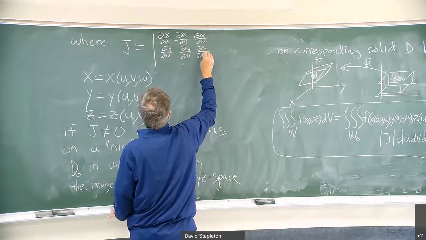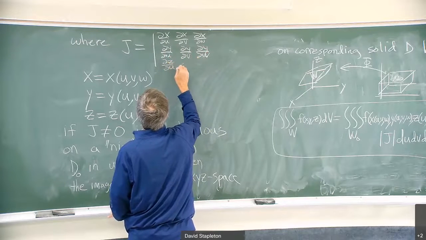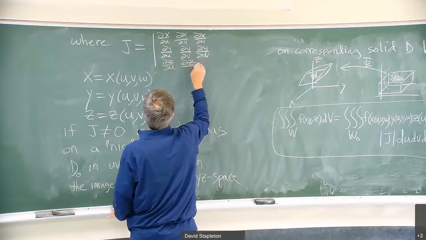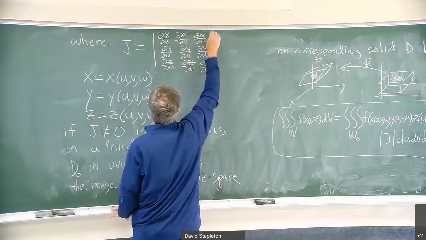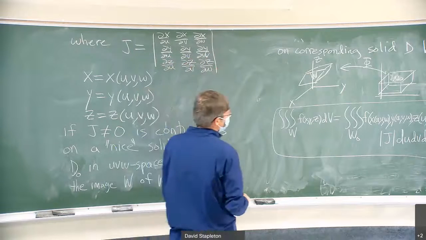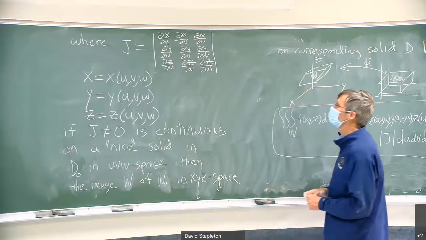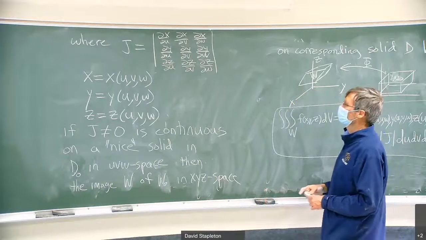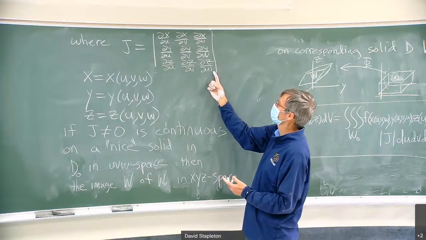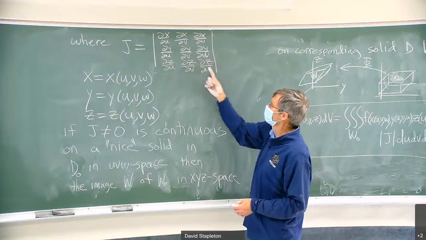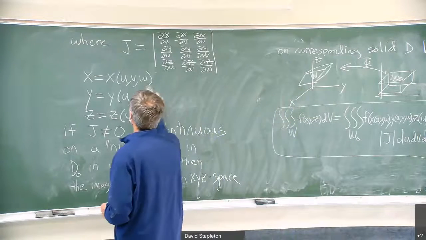And then dz du, dz dv, dz dw. And again, the absolute value of the Jacobian is the magnification factor. And again, this is a determinant, not a matrix. So it's a determinant of the matrix, a single function that you have to remember how to do the determinant for. Let's do an example of that one.